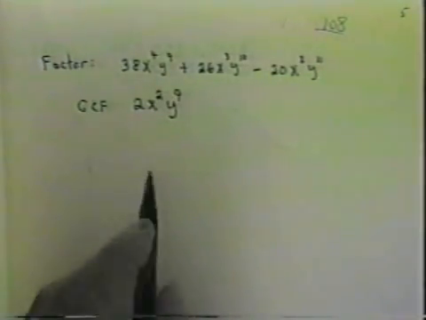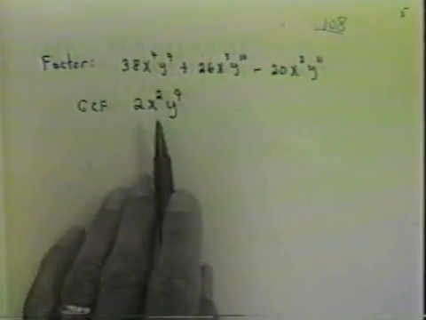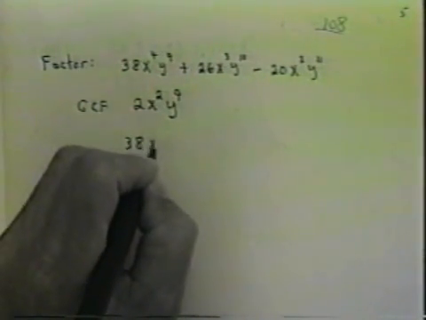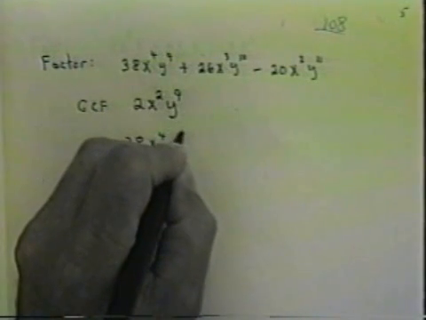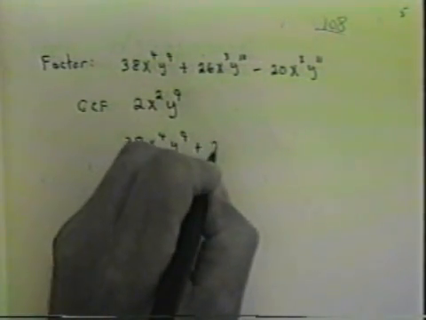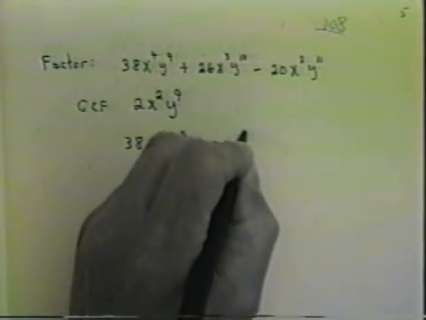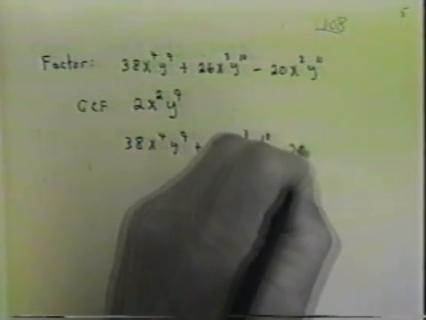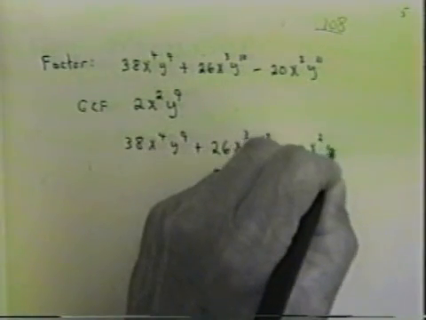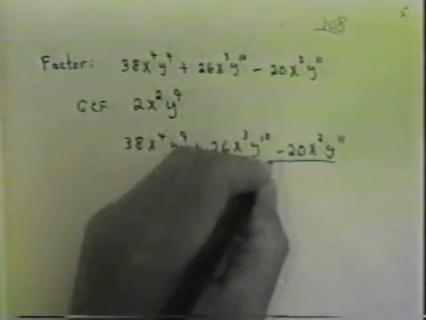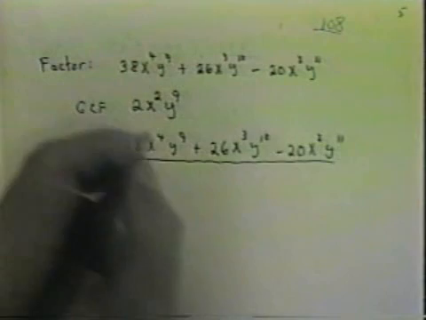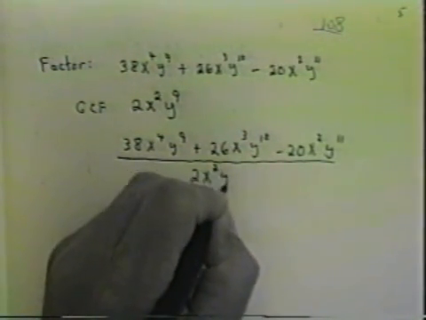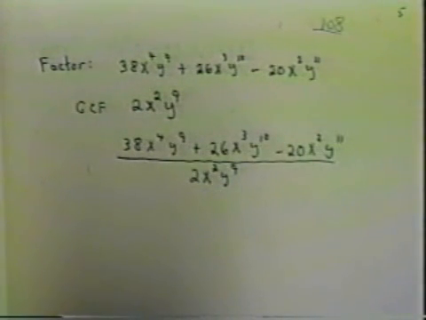To get my second factor, I divide the polynomial by my greatest common factor. So I take the 38x to the 4th y to the 9th plus 26x cubed y to the 10th minus 20x squared y to the 11th, and I divide it by the common factor, which is 2x squared y to the 9th.